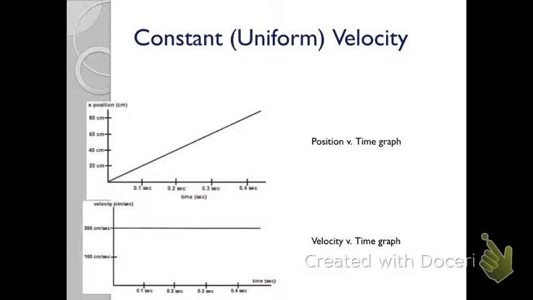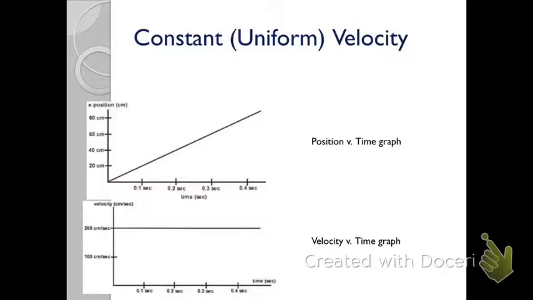This graph shows the exact same motion, forward at a constant velocity. But it's a velocity versus time graph, so they look different. They both depict the same motion, but the graph looks very different.